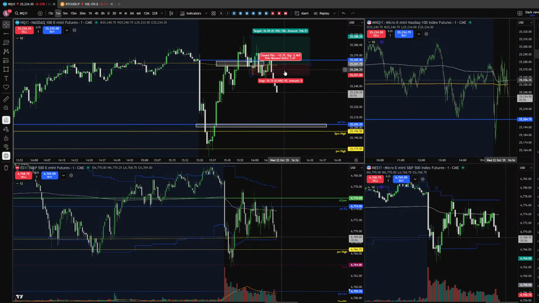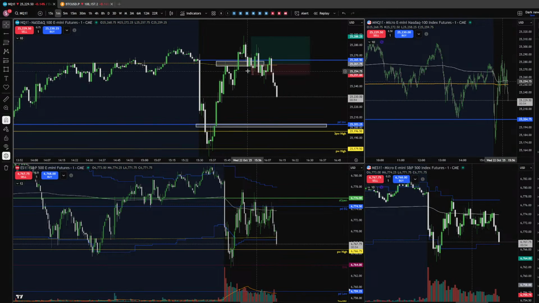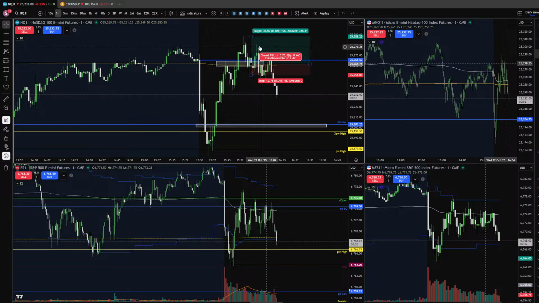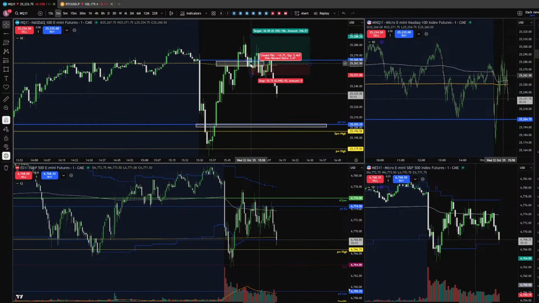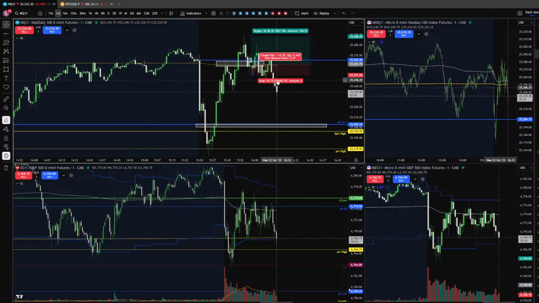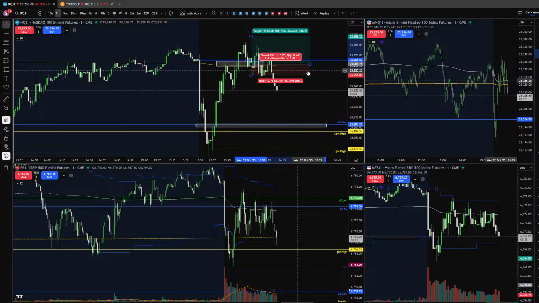So this, to me, it's saying that this upwards trend is ending. So it was worth the try, even though not the best trade, longing at the highs. Something you should avoid most of the times. Sometimes it makes sense, but not the highest probability.